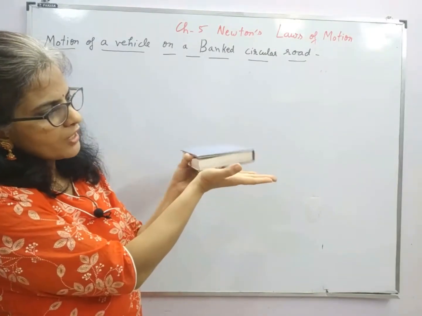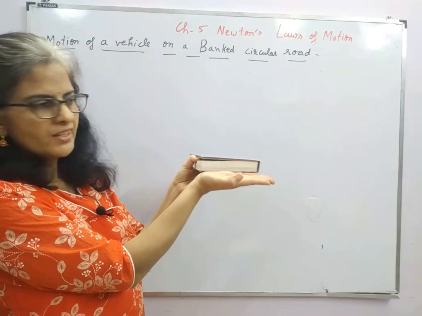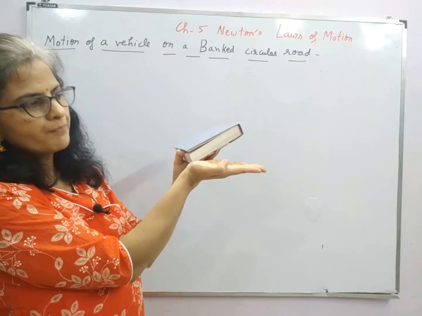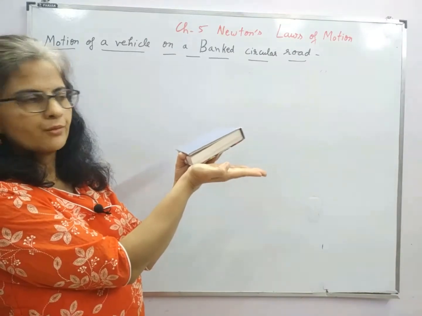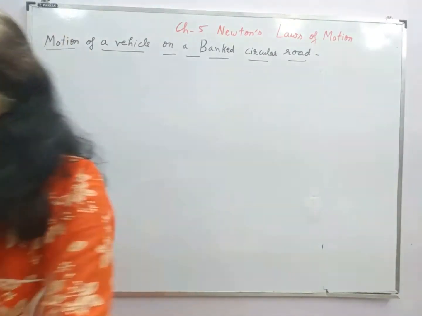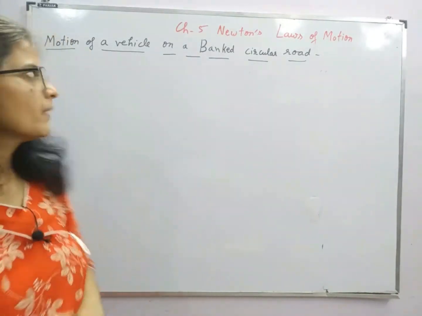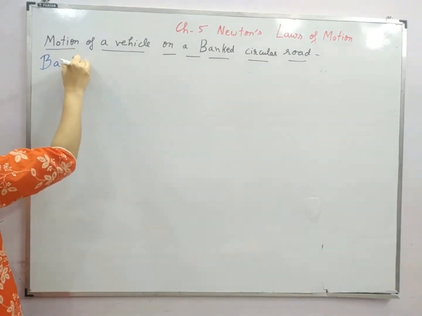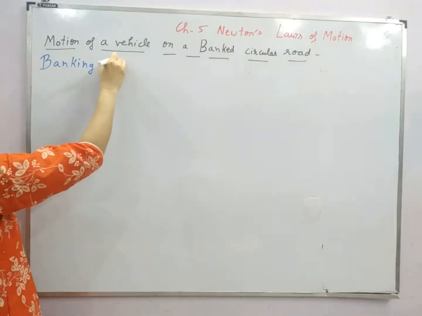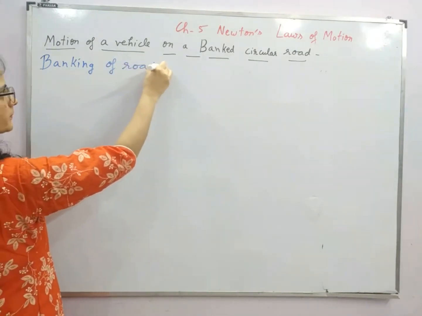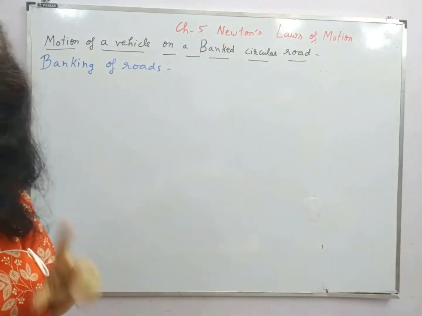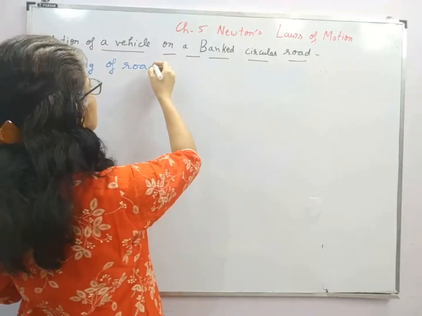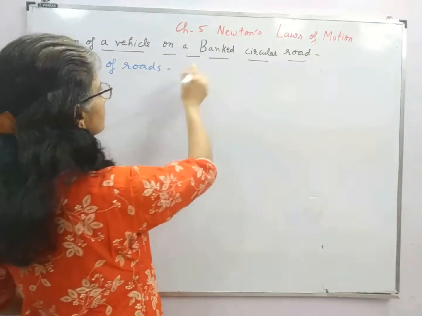So if you look at the cross section of a level road, that is a level line. But if you look at the cross section of a banked circular road, it is like this, right? So what is banking of roads? Banking of roads is raising the outer side of a circular road above the inner side.